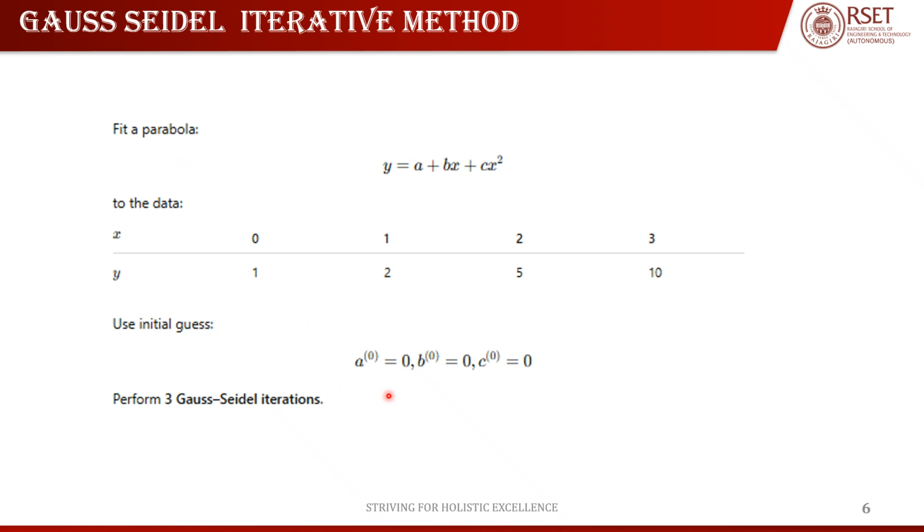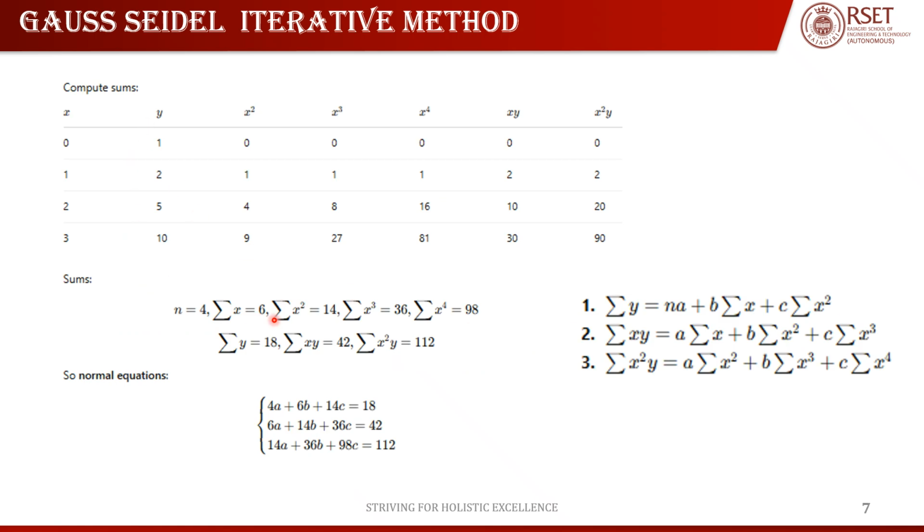First we'll have to form the normal equations. We form the normal equations using the table, and we know the formula. Since it's a 3 variable problem, you will have a, b and c, so you will have 3 equations. You will write summation y is equal to na plus b into summation x plus c into summation x square.